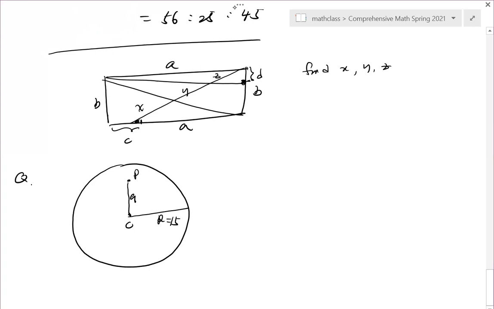So my question is, I'm going to draw 9 segments here. Some of them may have integer length. The question is how many of them have integer length?